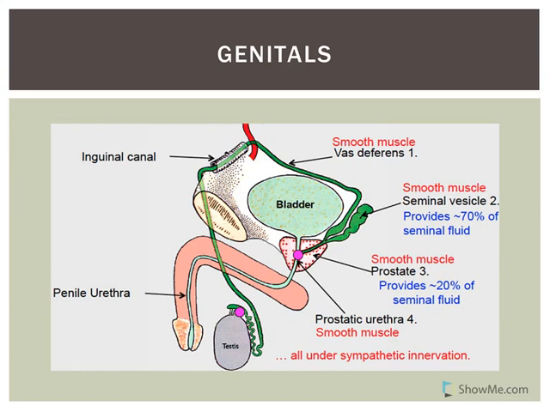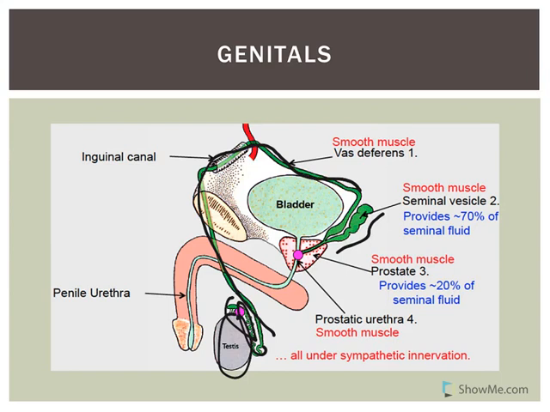Now the other structure we're going to look at that has innervation from the inferior mesenteric ganglion is the genitals. So we're looking at a male. But you'll notice all the different accessory structures of the male. So we have vas deferens, which is carrying sperm that was made here in the testes, stored right here, but it's going to smooth muscle associated with this structure. We have smooth muscle associated with various glands.